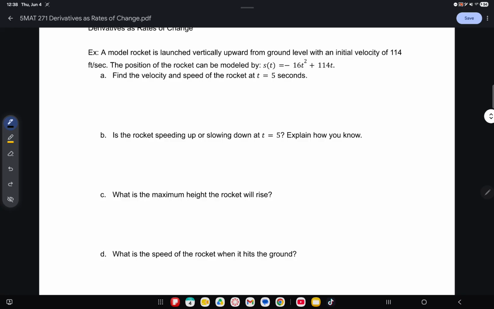So find the velocity and speed at t equals 5. So if we know our position is the function given, velocity is the derivative of position. So that's -32t plus 114. And if we want to do it at 5, just plug in 5.